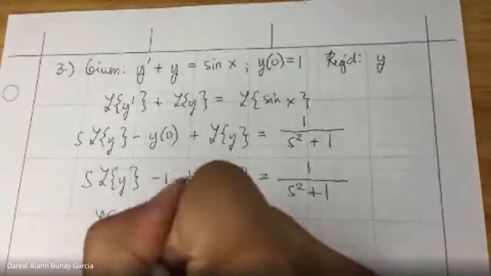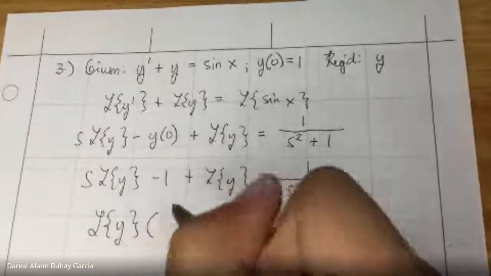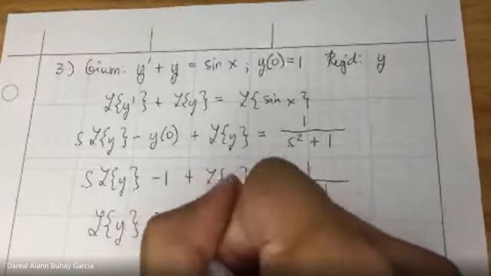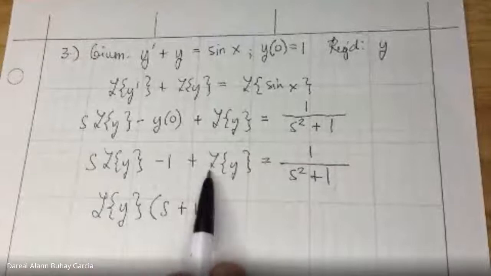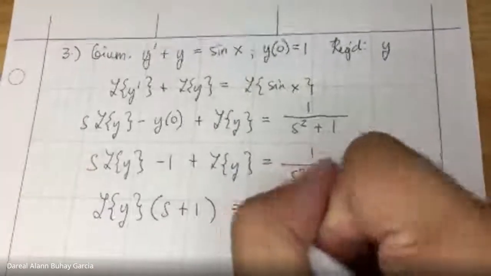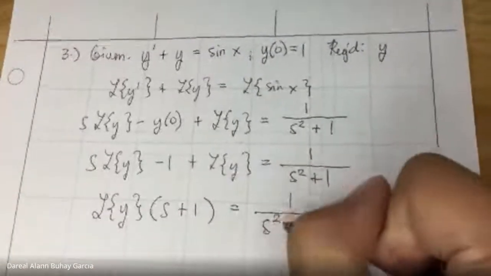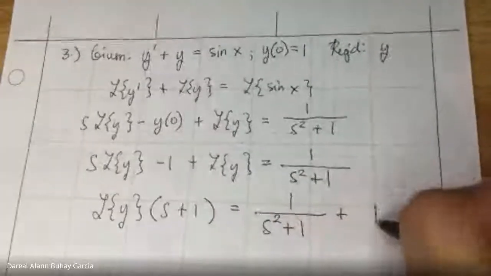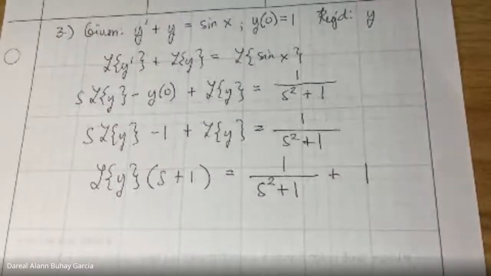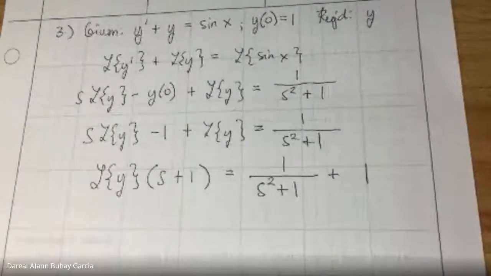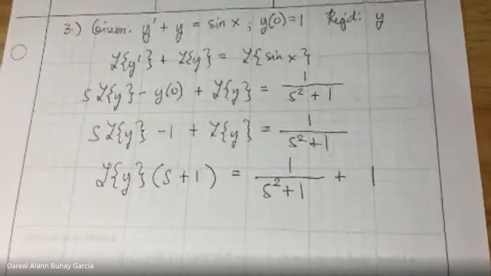The Laplace of y times s plus 1 is equal to 1 over s squared plus 1, plus 1. So far, okay pa? Yes, sir. Okay, good.